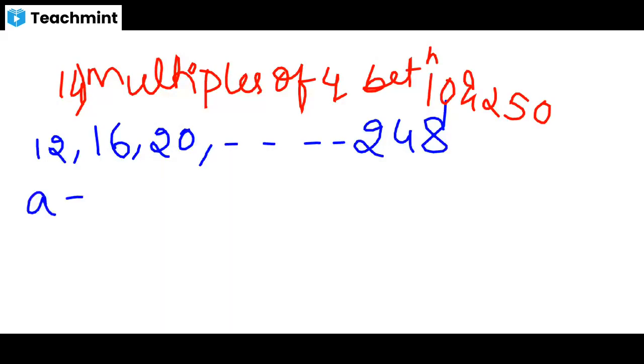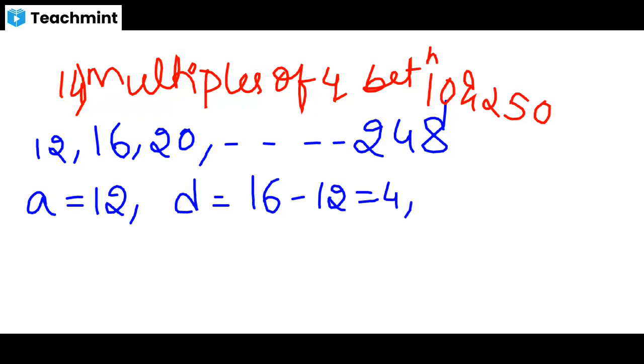A is 12. What is the common difference? 16 minus 12, that is 4. And they have given what an is. The nth term is given, 248.